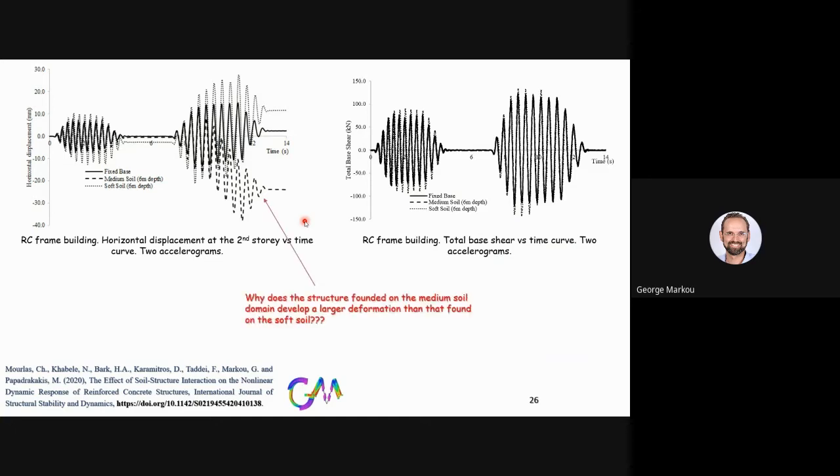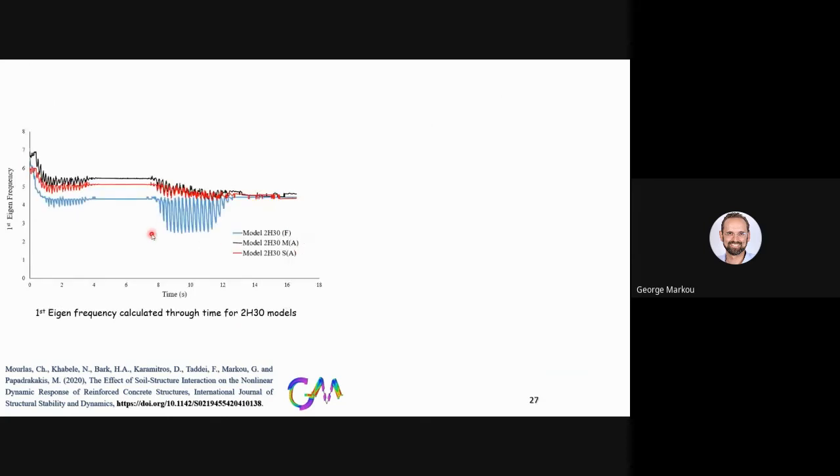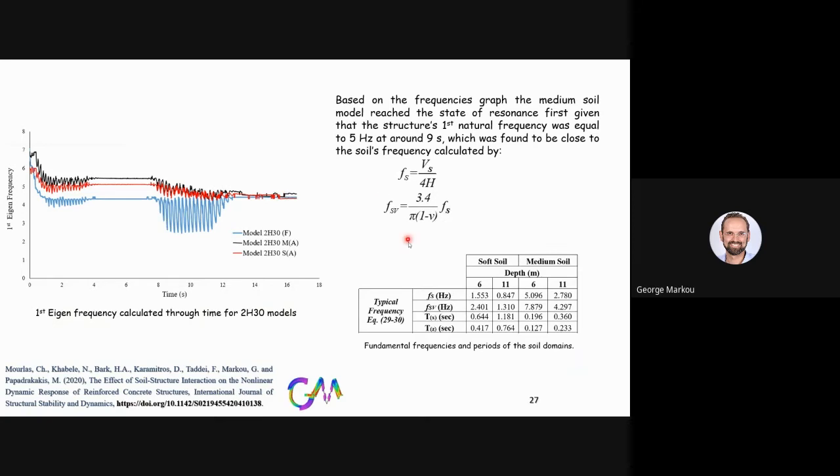This is the reason why we performed the same analysis, and on each and every dynamic nonlinear step, we calculated the first fundamental period, the first eigenfrequency, as you can see here, during the analysis, and we compared this with the actual typical frequency of the soil domain.